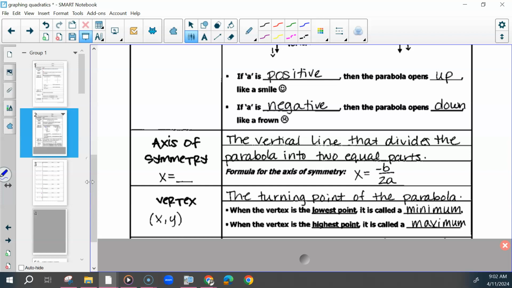And when it's your highest point, it's your maximum. Make sure you have these things off to the side as well.